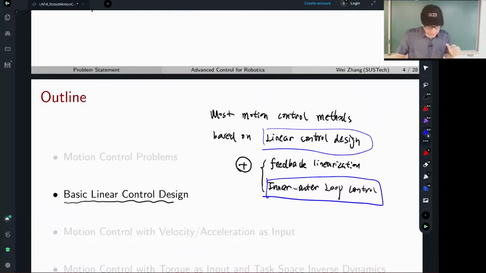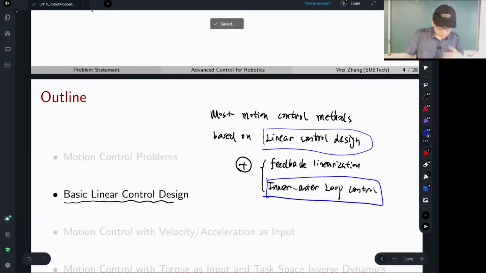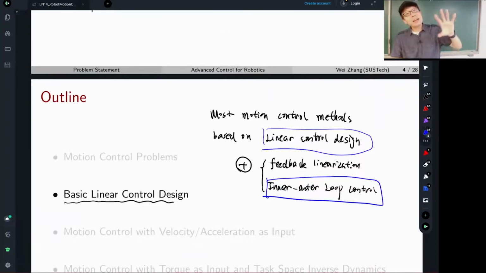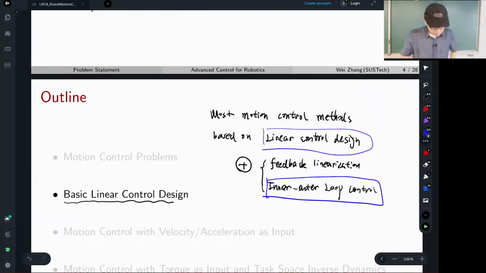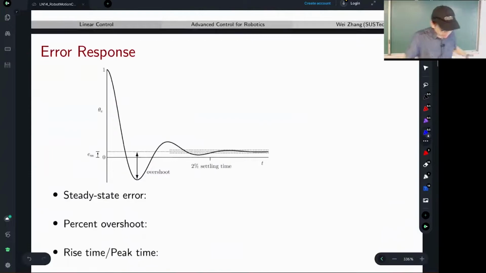So that's why I need to review a little bit about linear control design methods. That's almost everything you need to know, even to prove the closed loop behavior of the motion control method. That's simple. I will be very quick. Make sure we're on the same page.